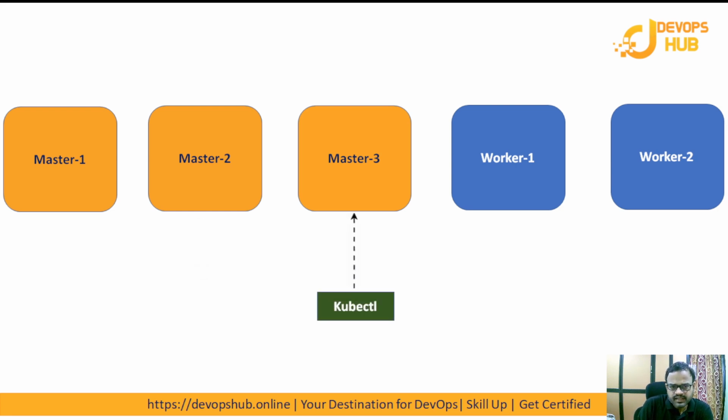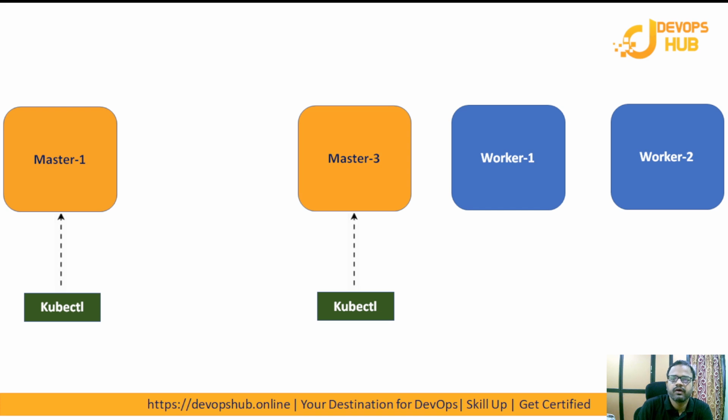So even if one of the masters goes down, our cluster is still up and running and fully functional. We still have 2 masters to interact with our cluster, right? So this is the concept of high availability.